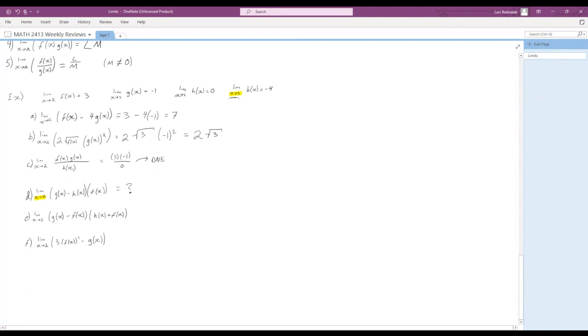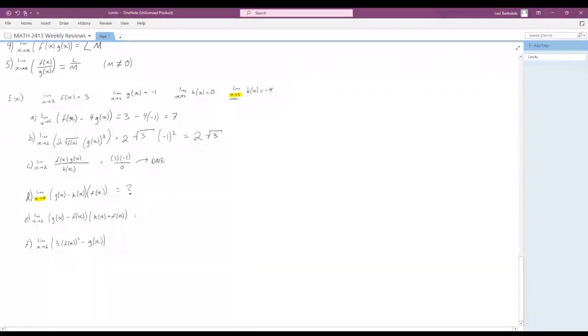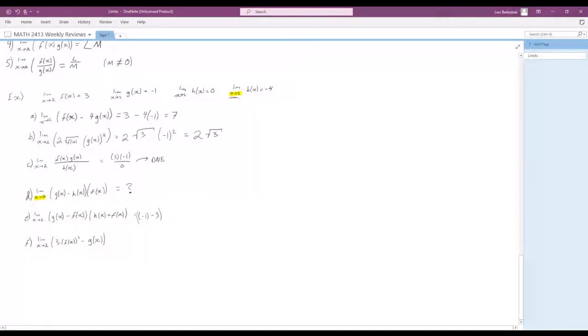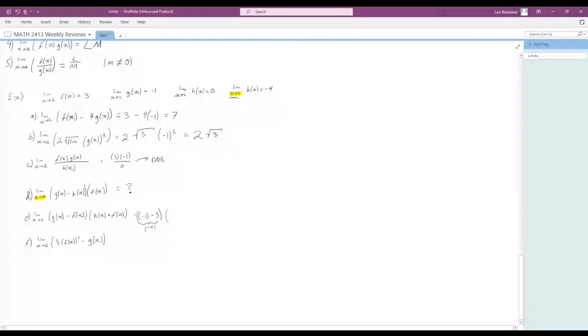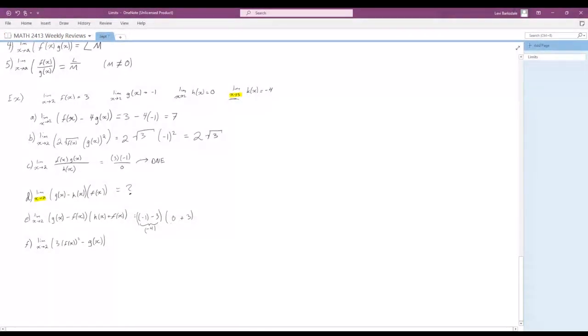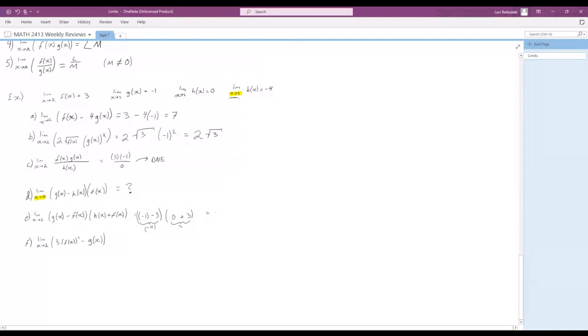Okay. And that's all I worked through in my head. So g of x is -1 minus 3, which is -4. And then h of x is 0 plus 3, which is 3. -4 times 3 is -12.